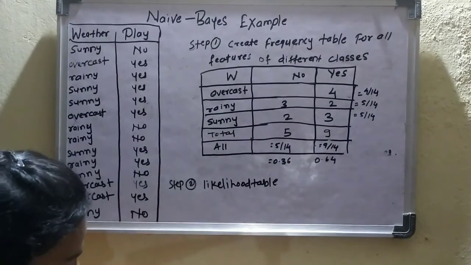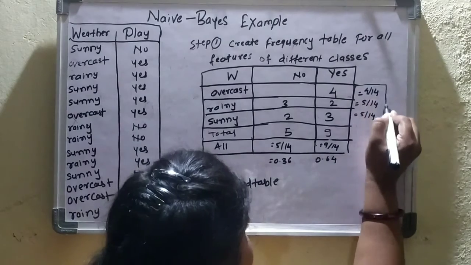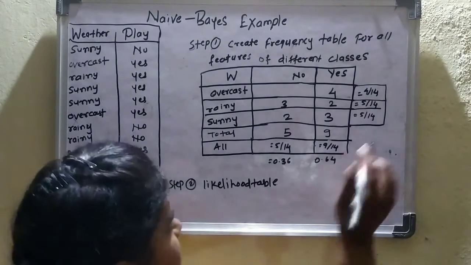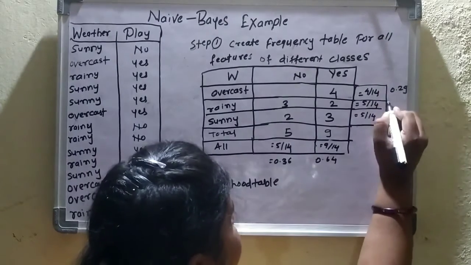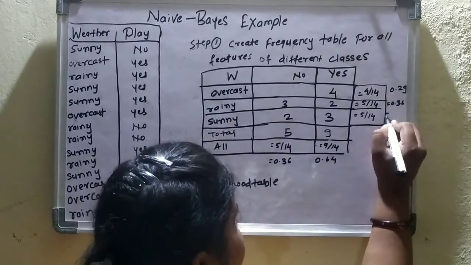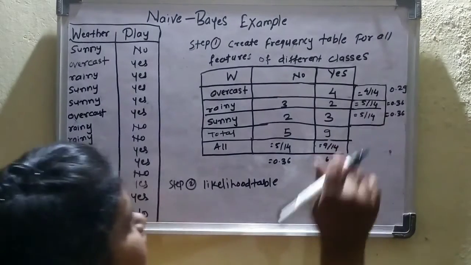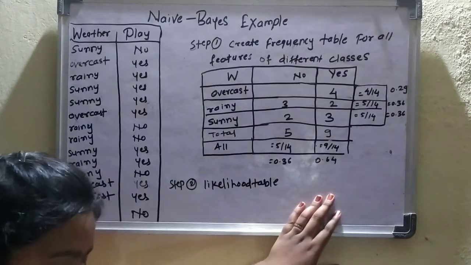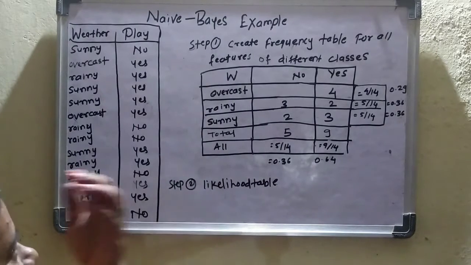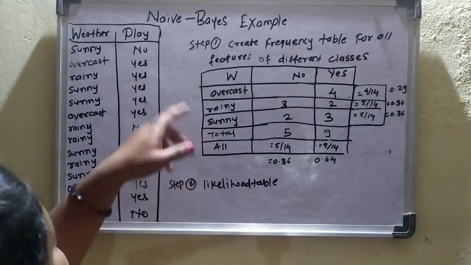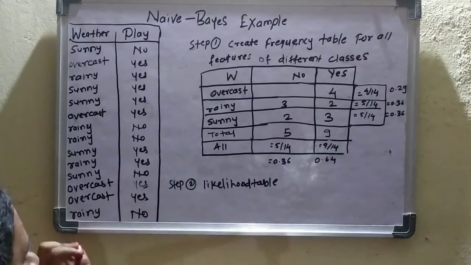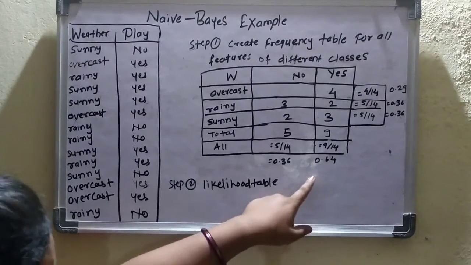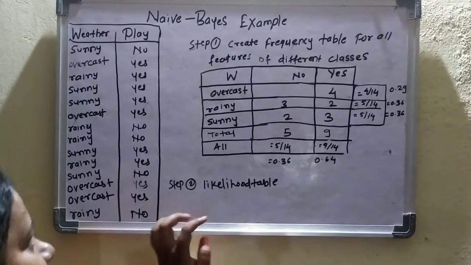I have done the calculation previously, and the calculated values are 0.29, 0.36 and 0.36. So this will be our likelihood table. The likelihood table is calculated based on all the features against the probabilities, based on all the total entries in the table. So this was step 2.